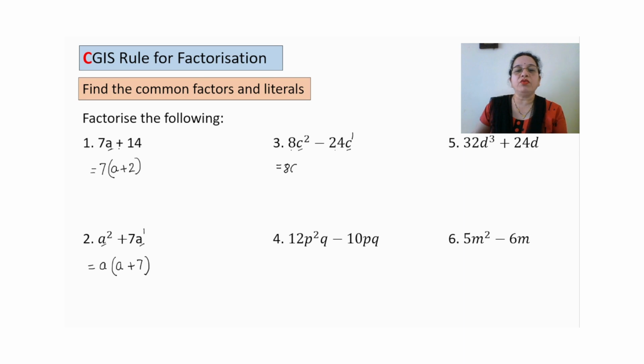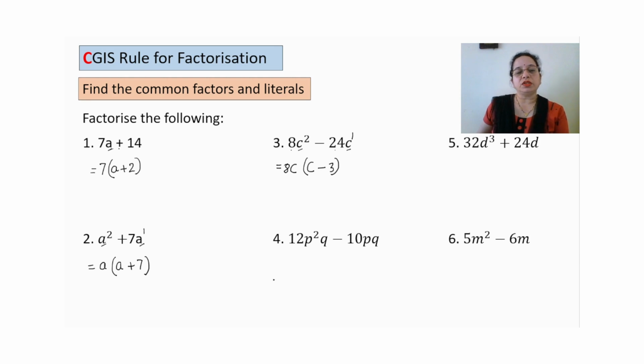So we will take only 1c common. Now make a bracket. Now think that 8 and c already we have written. c raised to the power 2 minus 1 will give you only 1c. Then minus, 8 threes are 24 and c is already common. So the factors will be 8c and c minus 3.